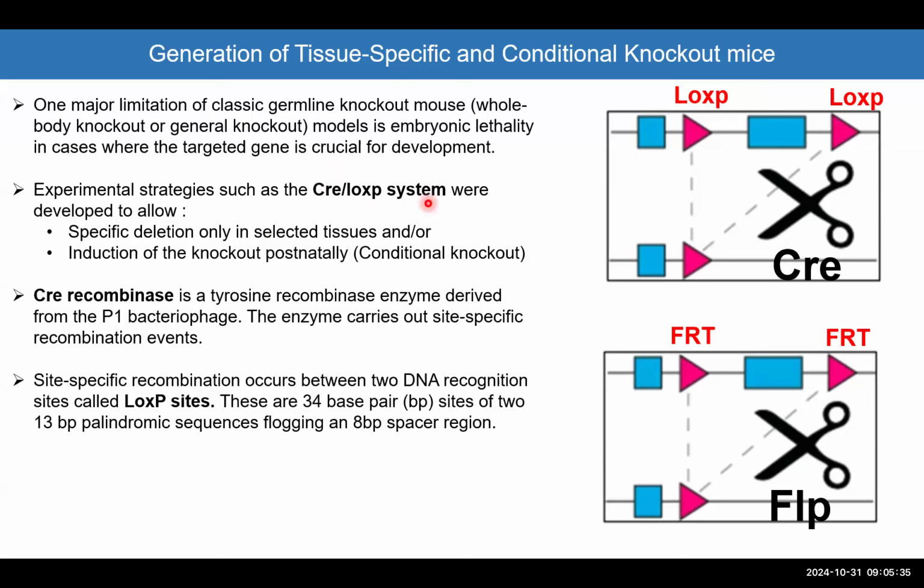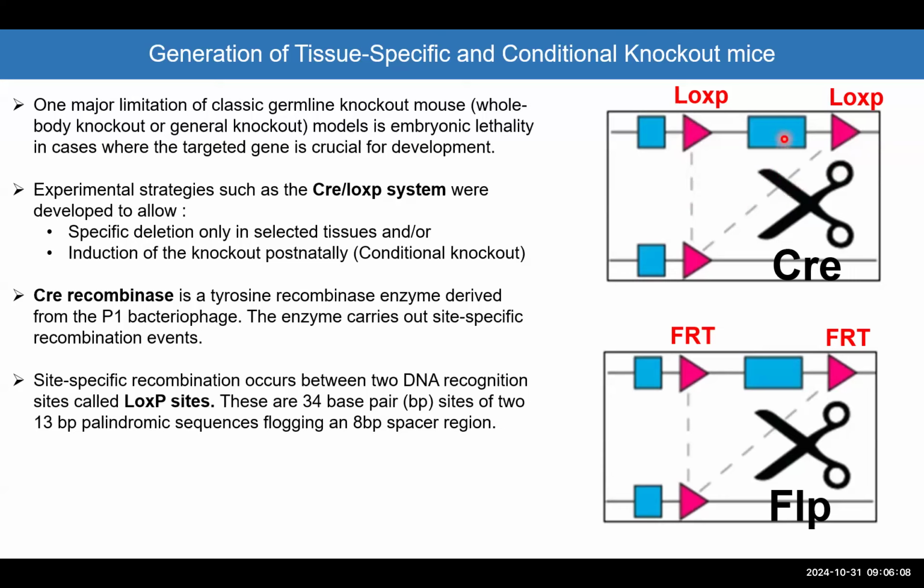Basically, let's say this is exon number 2 that we were discussing multiple times on the slides. If you generate a whole body knockout, you delete that in the embryonic stage. Now the Cre-lox system allows you, instead of deleting the exon, to introduce loxP sites around that exon.